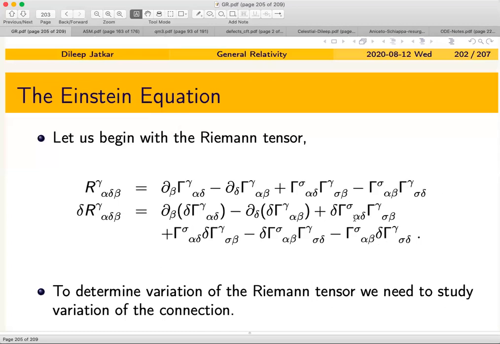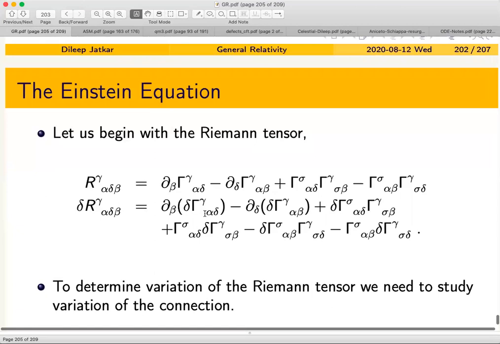So we have taken care of all variations. So totally 6 terms. Now, of course, as you can clearly see, to determine variation of the Riemann tensor, we need to figure out what is the variation of the Riemann-Christoffel connection. Is that fine?